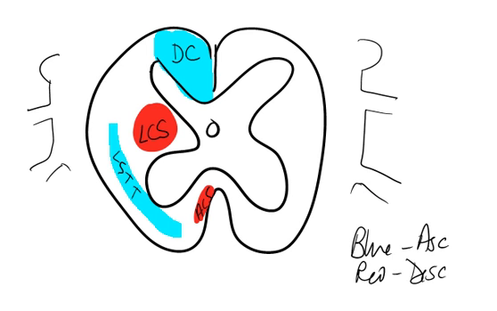Now if I were to say that this side is damaged, so let's say this side was cut, obviously the dorsal columns would be knocked off. So let's look at ascending, and you'll see that the spinothalamic tract would be knocked off. So where does this dorsal column get its information from?